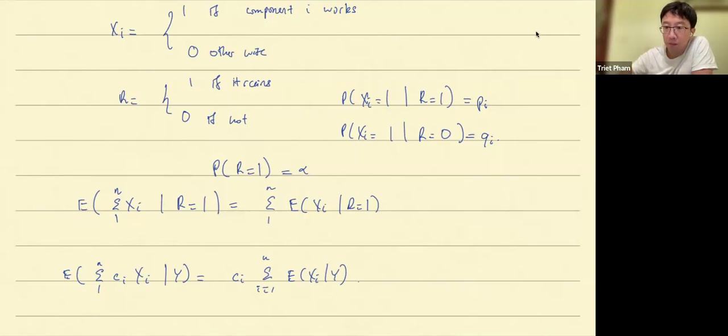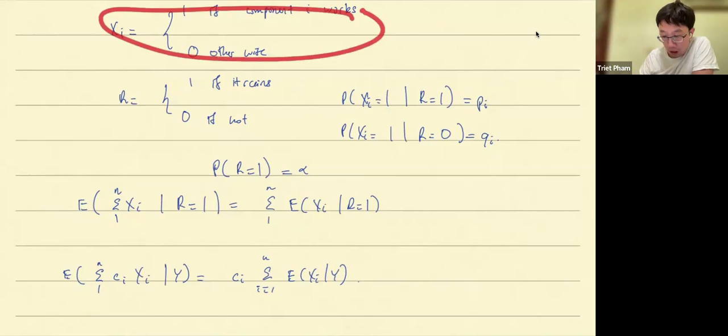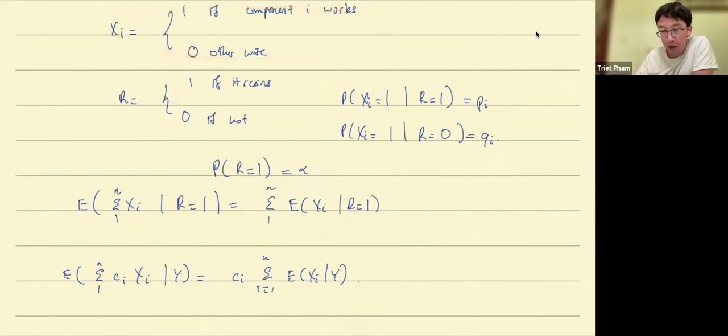Well, xi being an indicator function, conditioning on another random variable will change its distribution, but will not change the values it takes. If it takes value 1 or 0, conditioning on something else will not change that. It still takes value 1 or 0.